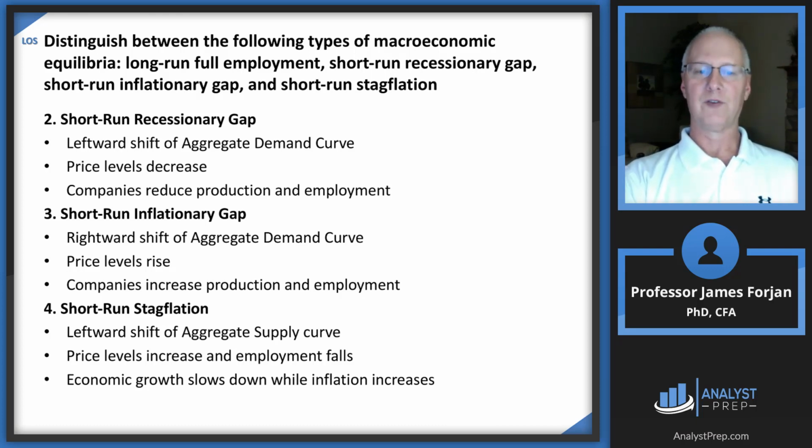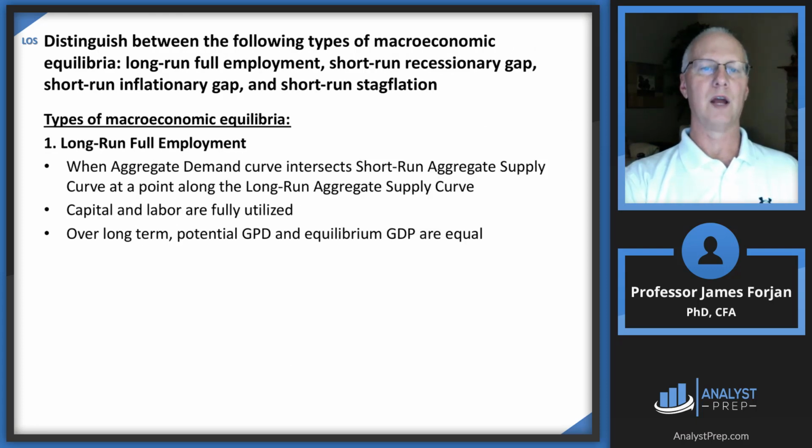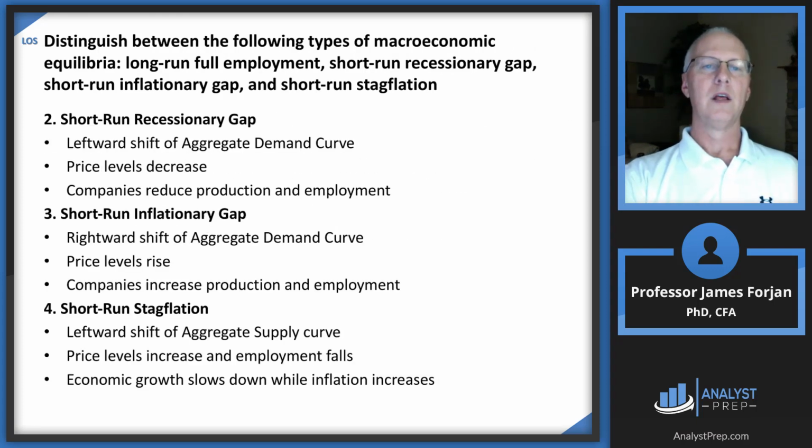And then short-run stagflation: price level increasing and employment falling, which is a leftward shift of the aggregate supply curve. So what I would do is try to memorize each one of these, memorize which way the aggregate demand curve or the aggregate supply curve shifts, and then focus on price levels.